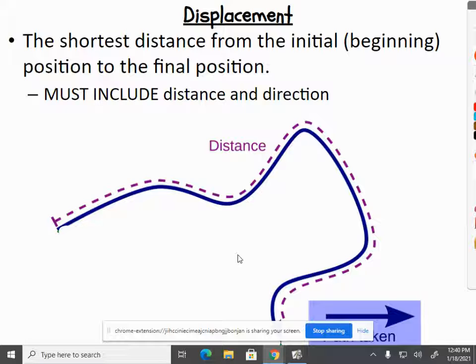You must include both distance and direction. So displacement means that it was moved 45 feet to the left, or I walked 17 meters towards the door, or I walked 20 degrees north and 20 degrees west. And that would be my displacement.